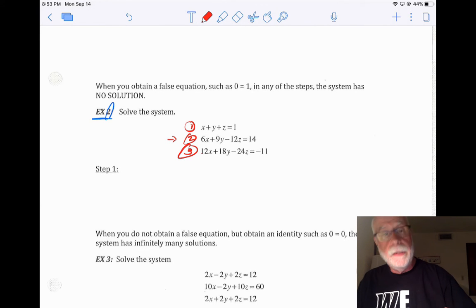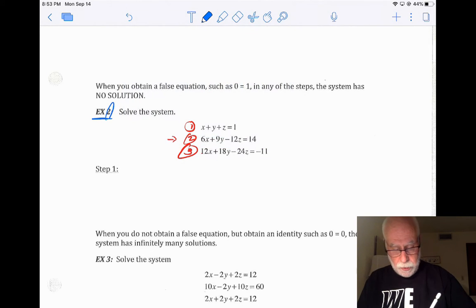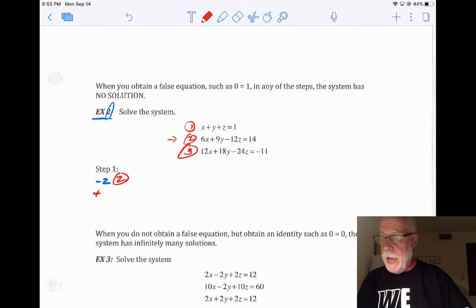Then I could add them, and that would make the x's go away. So what I just said: I'm going to take negative 2 times 2, and then add it to 3.